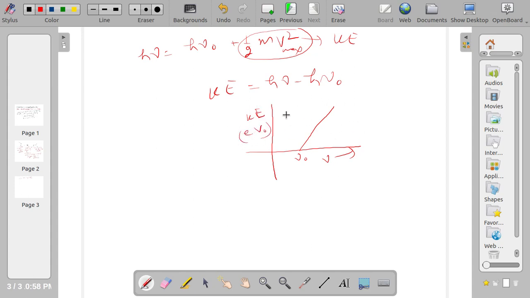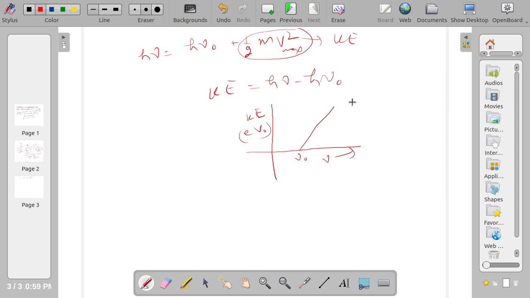So it automatically explains that if the frequency of the photon is less than a certain frequency, which we call the threshold frequency, then no electron will be ejected.